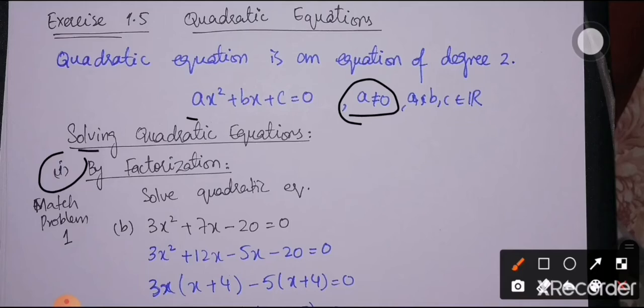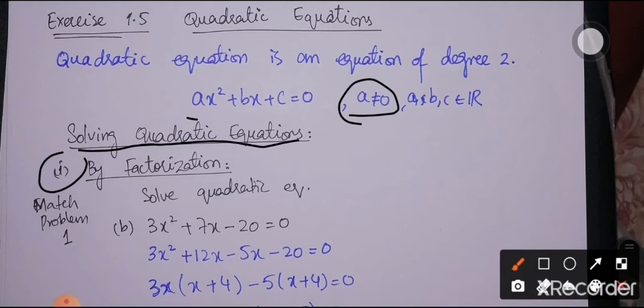Solving a quadratic equation means we want to find the values of the variable which satisfy the equation. One thing before we start: in linear equations we had only one value of x that satisfies the equation, but for a quadratic equation we will have two solutions.